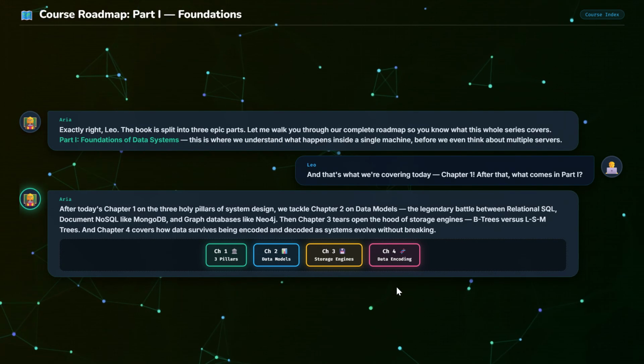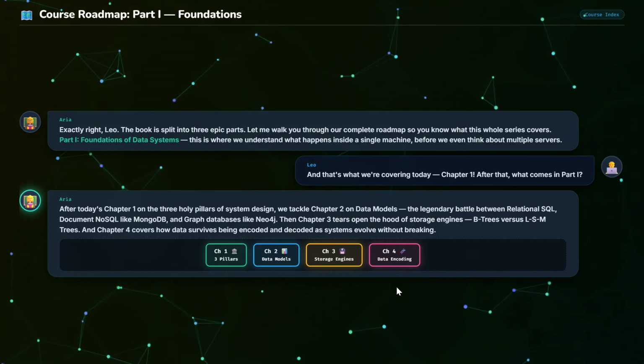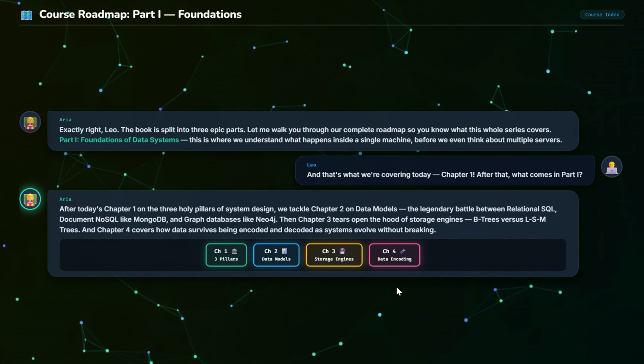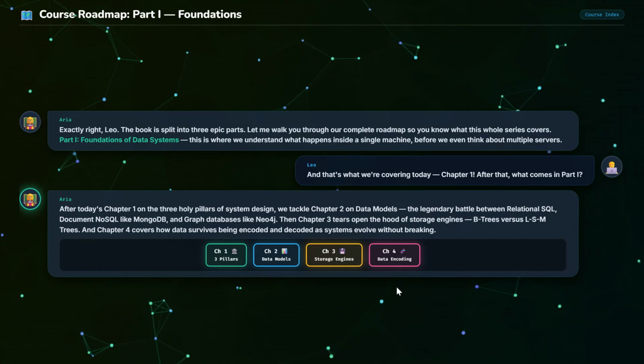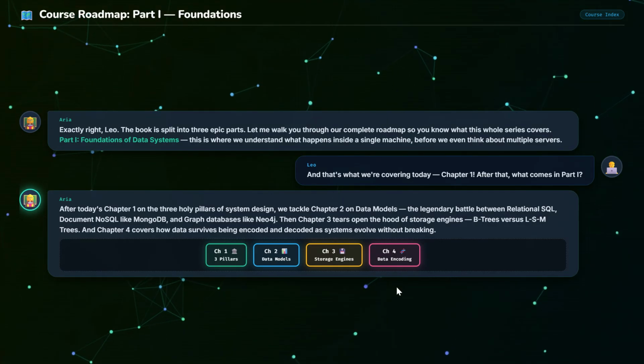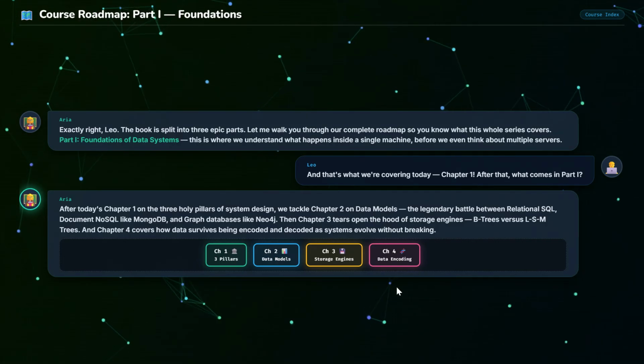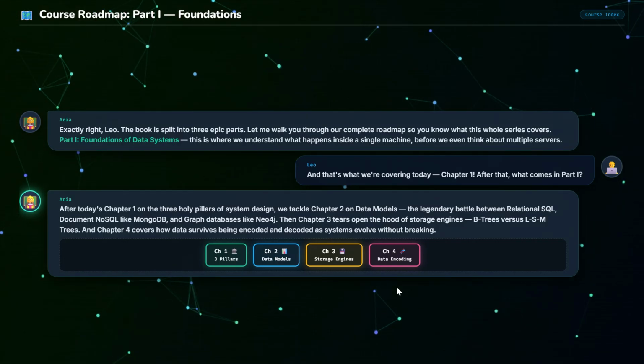Chapter 3 opens the hood of storage engines to understand B trees versus LSM trees and why the choice matters enormously. And Chapter 4 covers data encoding, how systems can evolve their data schemas over time without breaking backwards compatibility, using formats like protocol buffers and Apache Avro.